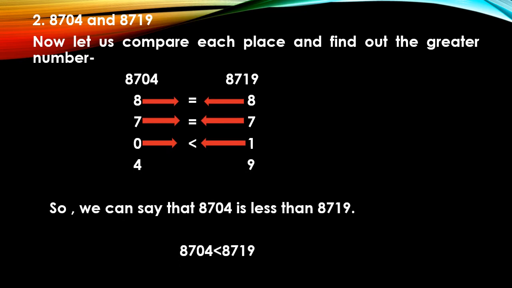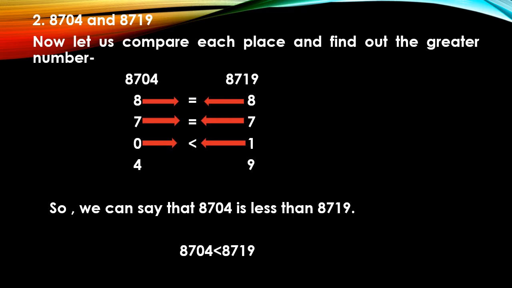Now, let us compare 8704 and 8719. Again, we start from the highest place, which is thousands. So, 8 thousands is equal to 8 thousands.